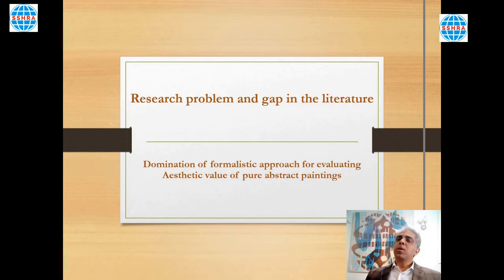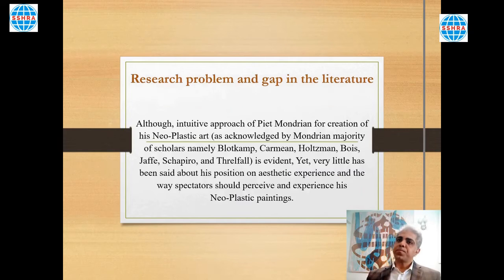I move on. So what is the problem and gap in the literature for my research? The main problem is that for the evaluation of the aesthetic values of modern paintings, or modern art in general, which is usually free of any representational or expressive contents, spectators and even art critics usually tend to use a formalist approach, like Greenberg, Roger Fry, or Clive Bell, looking only at the formal relationships between the elements of the painting, and that's it.